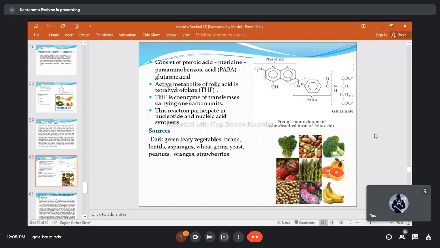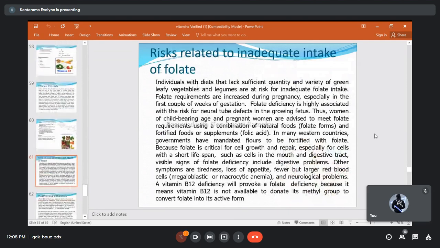This is related to inadequate intake of folate. Individuals with a diet that lacks sufficient quantity and variety of green leafy vegetables and legumes are at risk for inadequate folate intake. Folate requirements are increased during pregnancy, especially in the first couple of weeks of gestation.